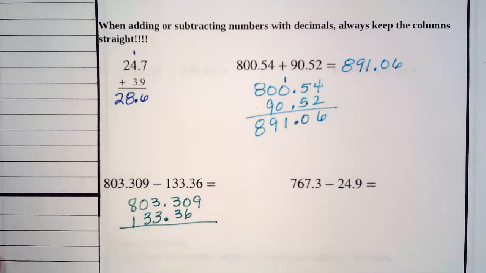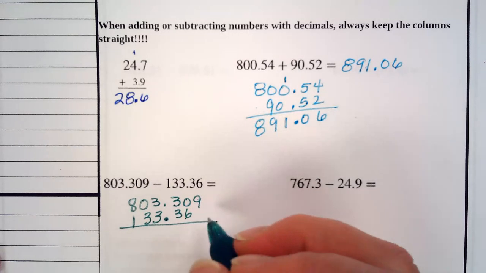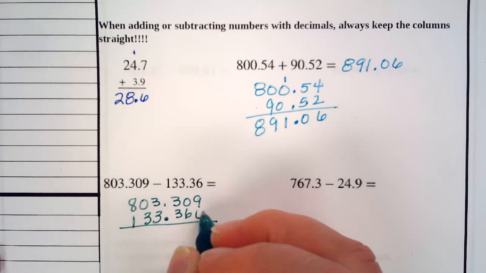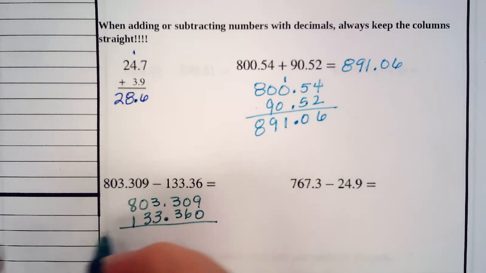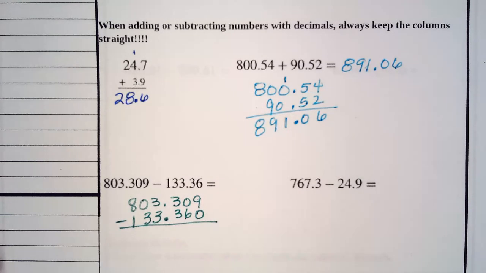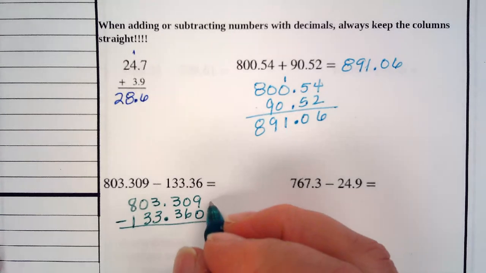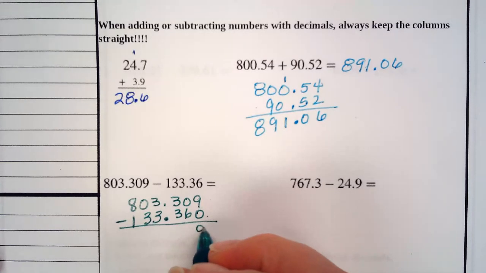So if you notice, there's nothing under the 9. If there's nothing there, I can put 0 as a placeholder. It just holds the place so I know that I don't really have anything to subtract from the 9. This time we're subtracting. So 9 minus 0 is 9.